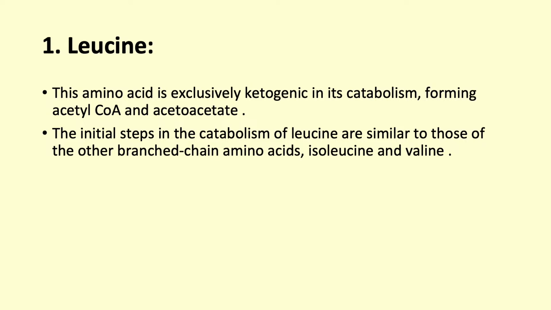Specific about the side chain is their branched chain. I will show you the molecular formula of these three, and they have a kind of branching, and this branching makes them special for degradation. You know that an amino acid can convert into another compound or it can be degraded.